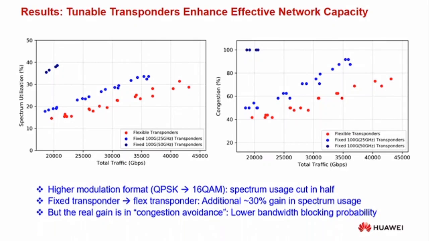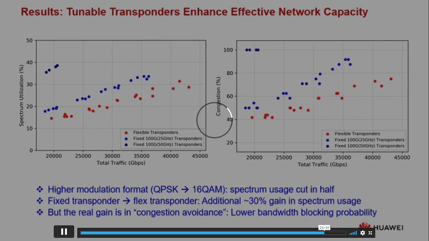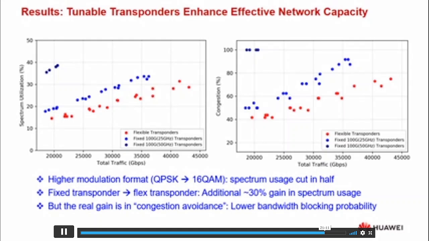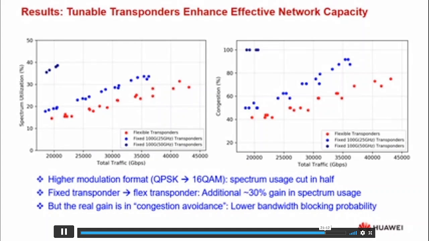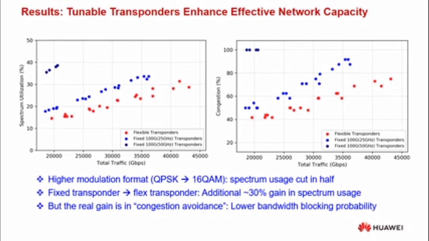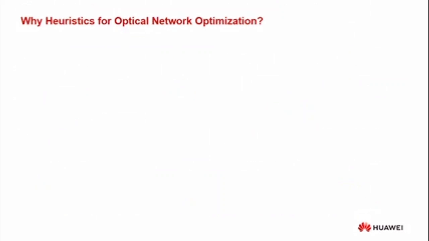And of course, what we see is, yes, very much as we exploit the tunability of transponders, that increased malleability of the network gives us a much, much greater effective capacity in the network. In some cases, we model as much as a 90% increase in usable capacity on the network.